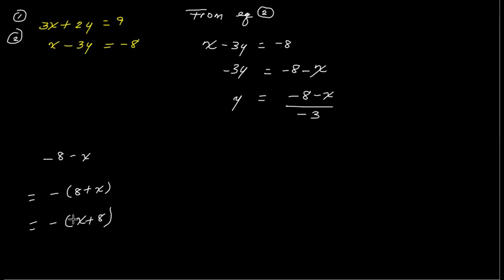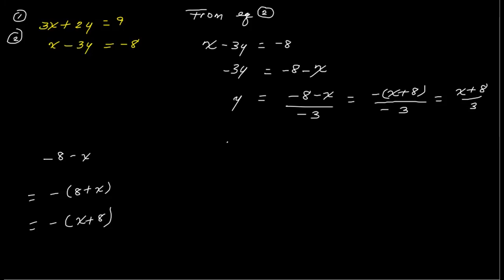Minus 1 times x, minus 1 times 8, which is minus 8 minus x. So that's on top, right? So this then becomes minus x plus 8 divided by minus 3. And so this is really and truly just x plus 8 divided by 3, because a minus divided by a minus, they cancel each other out.